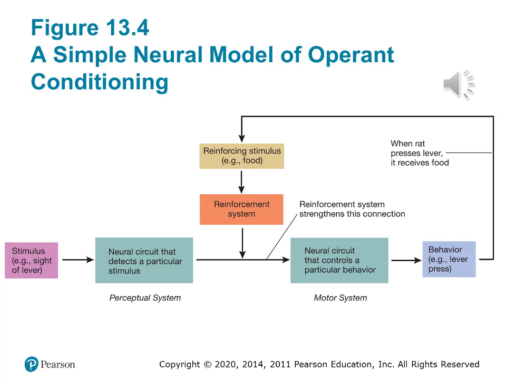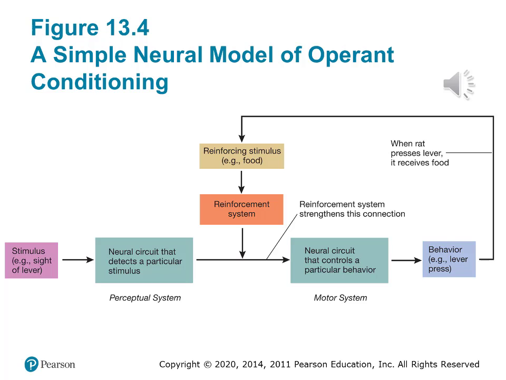The motor system involves some components of the reinforcement mechanisms that strengthen connections leading to neural circuits operating that control a particular behavior, causing the reaction, for example, the lever press in response to the delivery of food in the case of a rat.